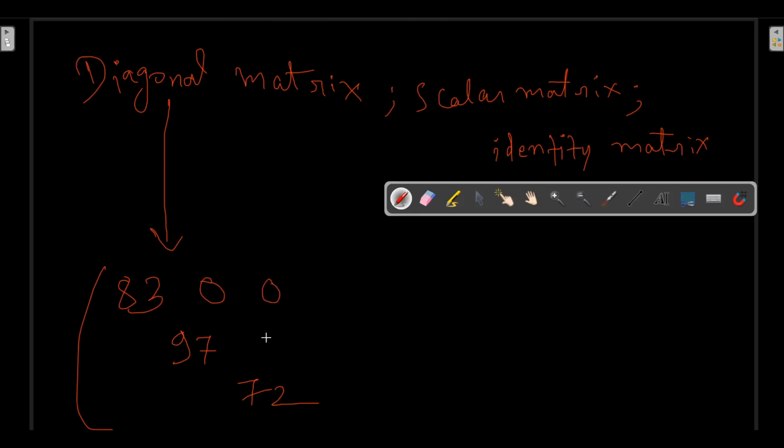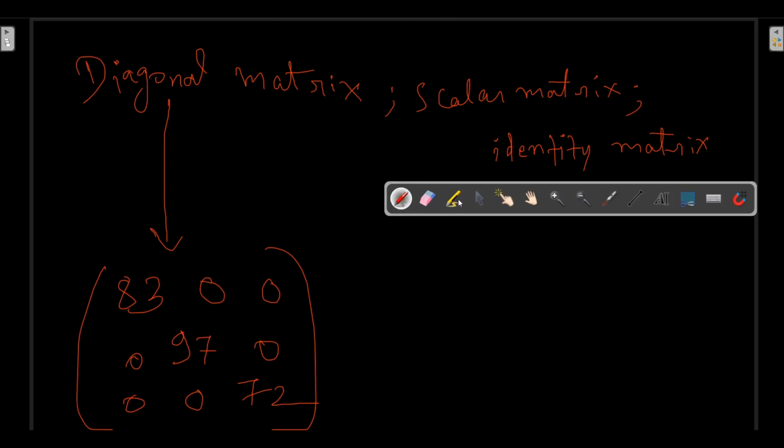A diagonal matrix is a matrix where only diagonal elements are present, and the other, non-diagonal elements are zero. Diagonal elements are non-zero. Such a matrix is called a diagonal matrix.